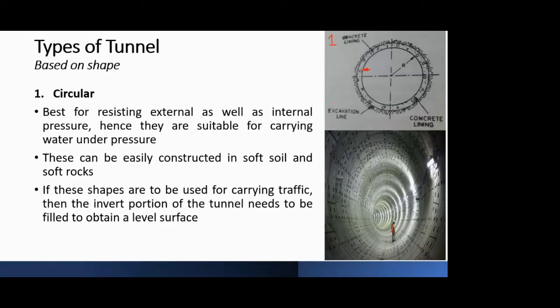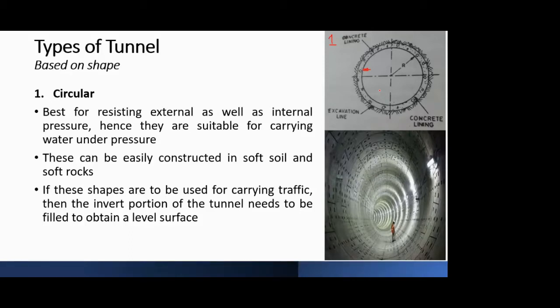You require the concrete lining because whenever you dig out a portion of earth, there is a pressure acting on all the faces of that excavated portion. We have seen this in your diaphragm wall construction as well.